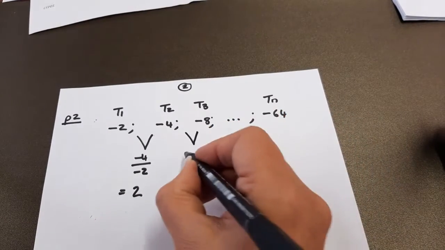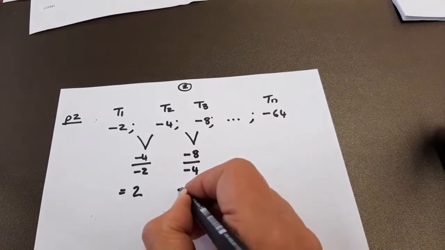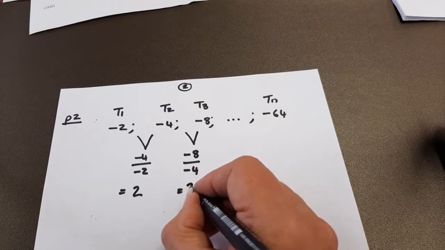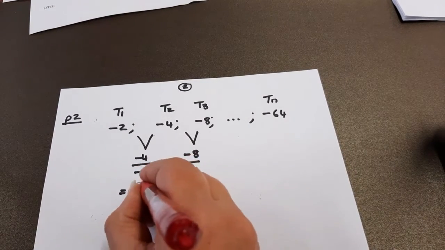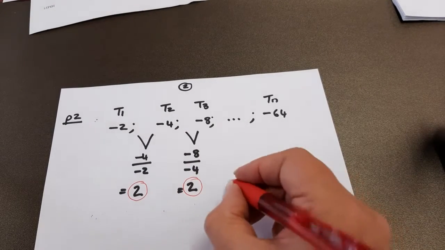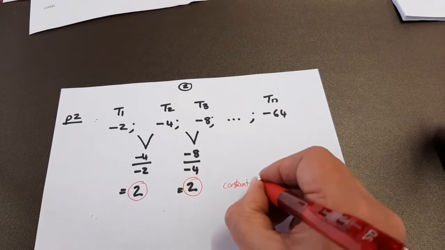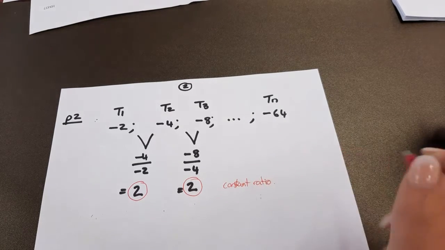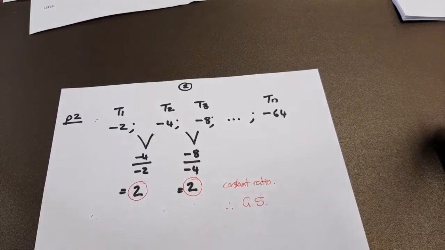The next ratio is minus 8 divided by minus 4, and that also gives us 2. You can see in this example that the ratio is constant because we have the same answer every time. Constant ratio. Therefore, it's a geometrical sequence, and our R is 2.